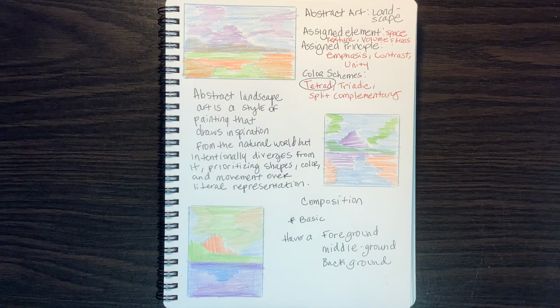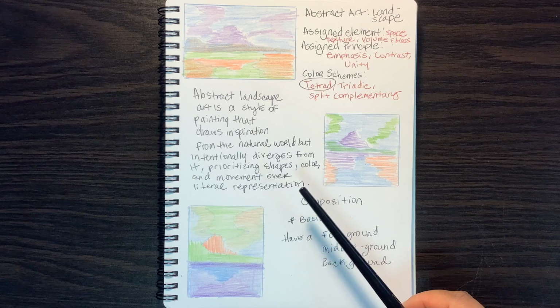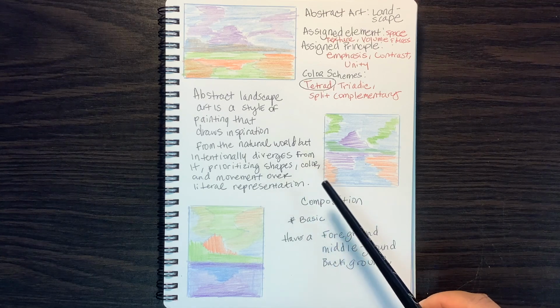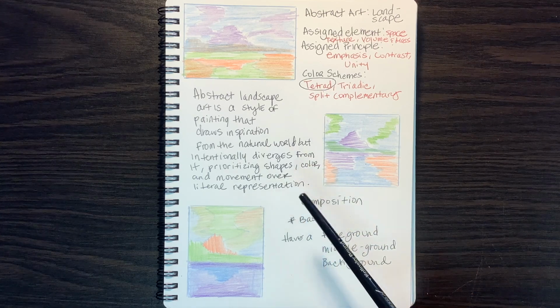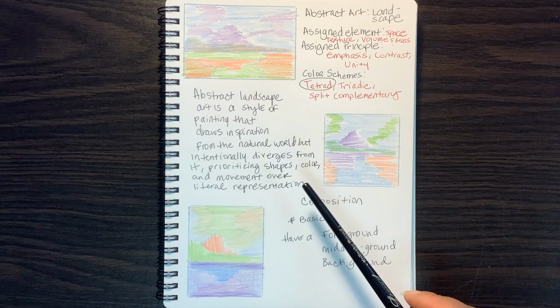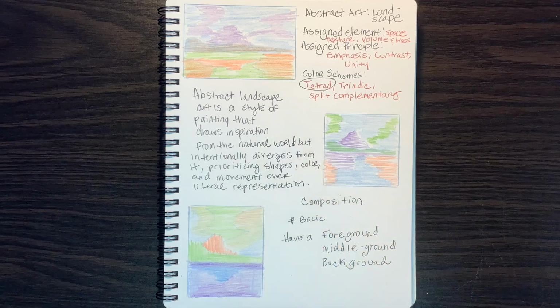So when it comes to our landscape, you guys, we are going to do an abstract landscape. When you think about an abstract landscape, this is the actual definition from the University of Google. If you just Google it, Google will give you an AI definition of what abstract landscape is.